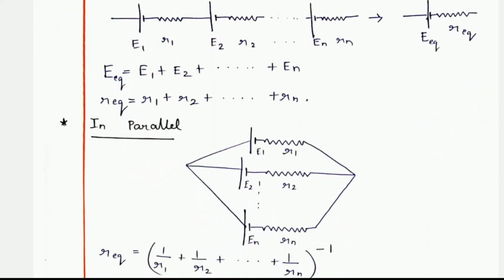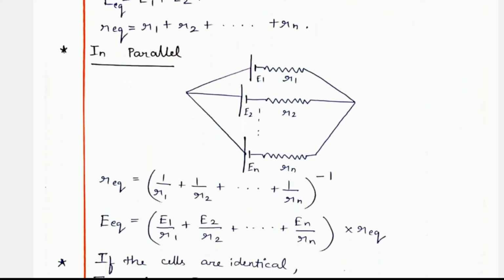Now if you have a parallel combination, you can easily calculate the net resistance, because 1 by R equivalent equals 1 by R1 plus 1 by R2 plus ... till 1 by Rn.